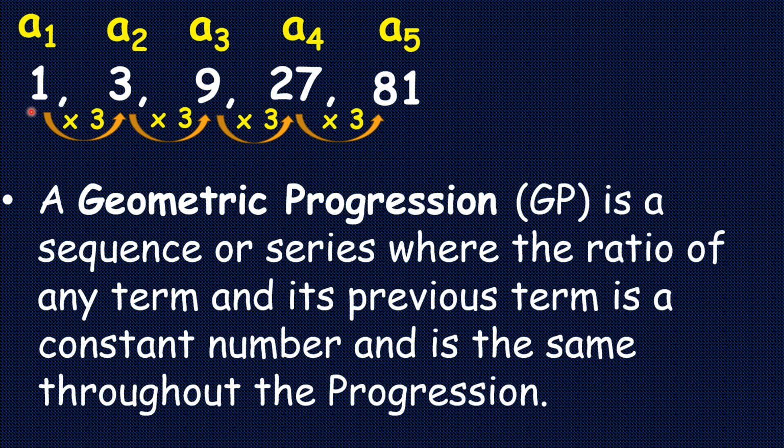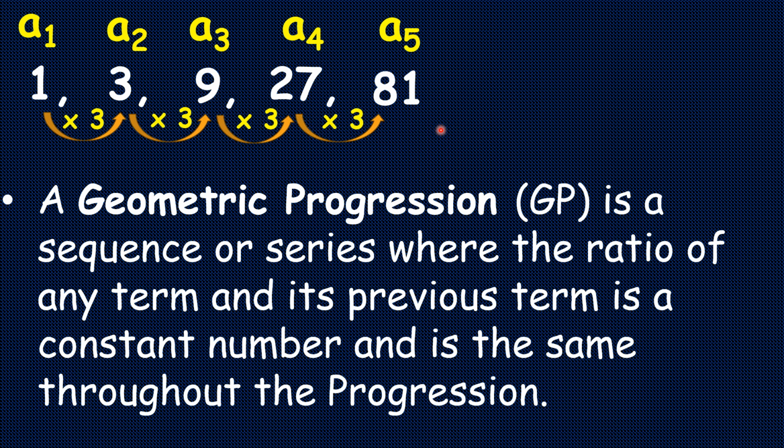Here we have a sequence, because we have 1, 3, 9, 27, 81. So we have terms following each other, and we have a definite number. We only have 5 terms in this particular sequence. So we can call it a finite geometric progression sequence.